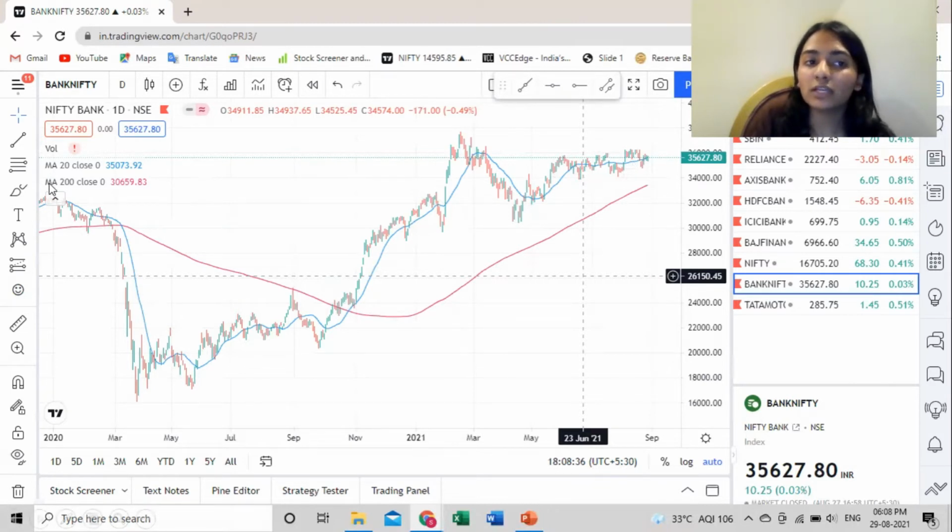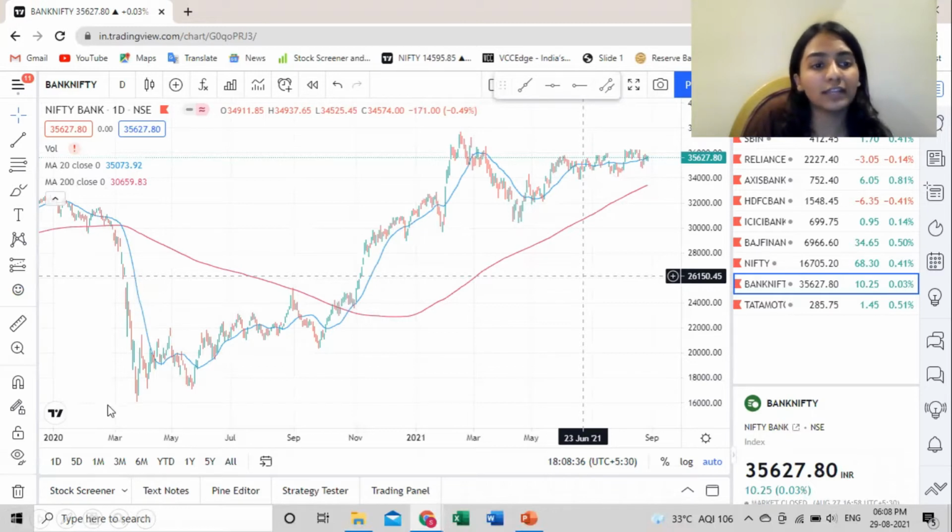I have also taken a medium-term perspective, the moving average of 200 days close. This takes the previous 200 days of candles into consideration to give you an average of how the price has been moving. The pink line signifies the moving average of 200 days close, and the blue line is for the moving average of 20 days close.